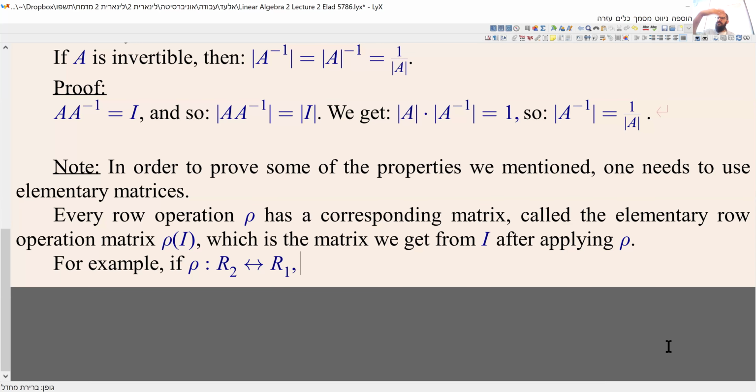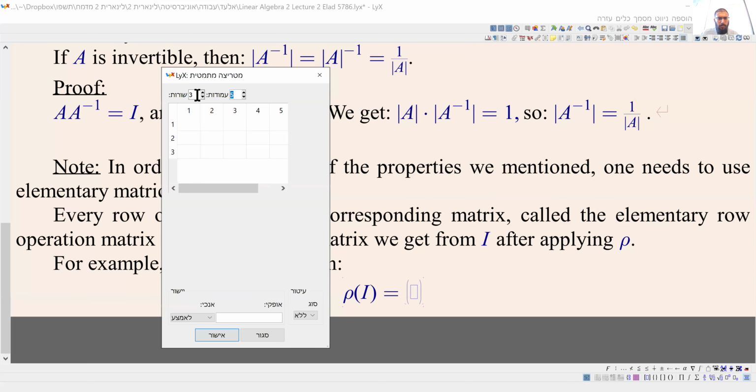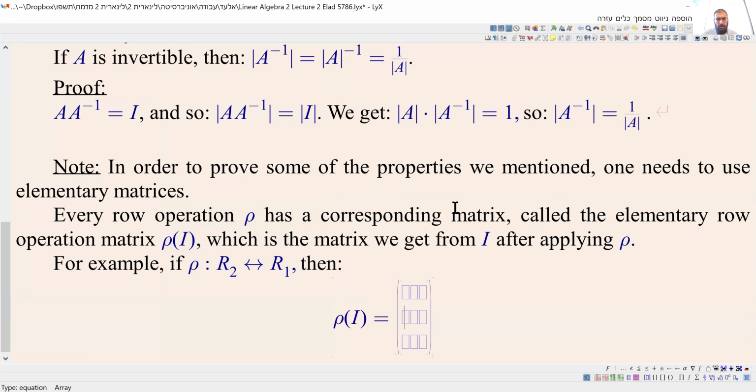And we talk about matrices of order 3, for example, then rho of I is the following matrix, 3 by 3. I is 1, 0, 0, 0, 1, 0, etc. But we switch the first and the second row, so one gets this matrix.